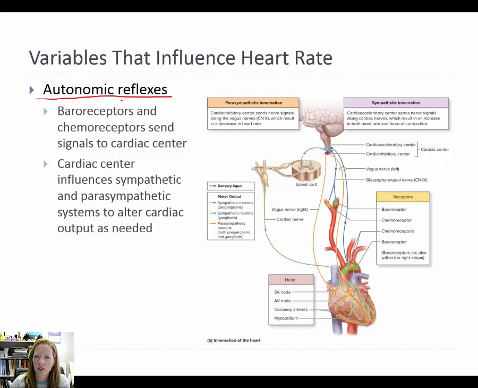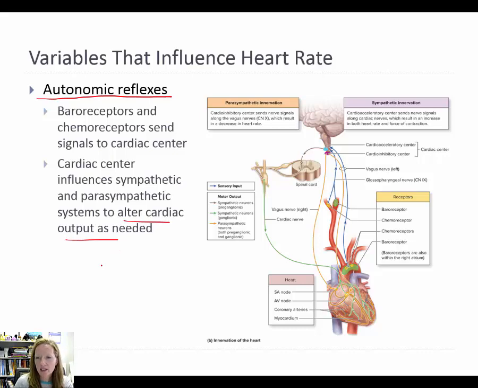So this is just going to be this reflex through the autonomic division. It's going to use the baroreceptors, the chemoreceptors. It sends signals to the cardiac center, and this is what's going to go in and alter or modify heart rate, and in turn, it is going to alter cardiac output as needed.